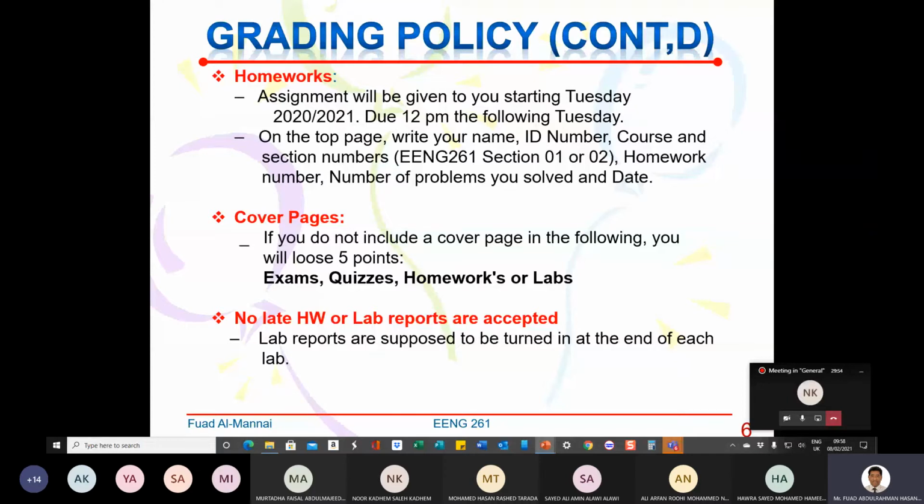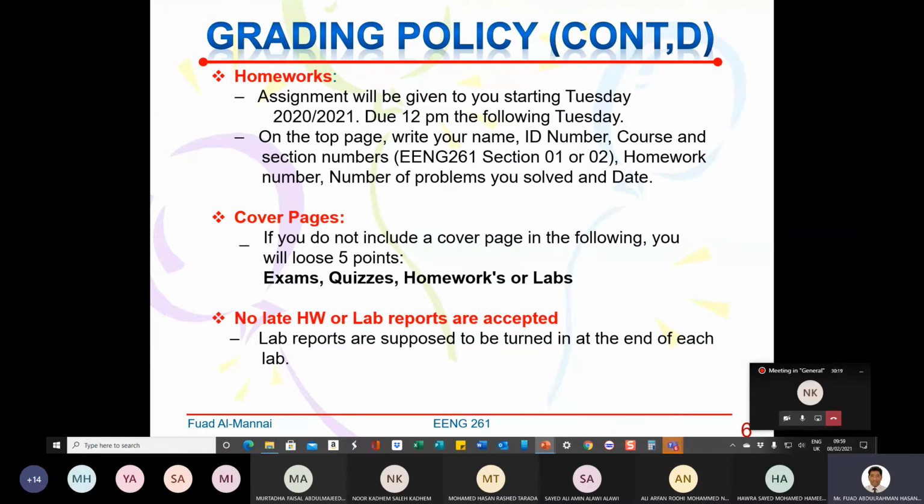Also, make sure that your internet is good. If your internet is bad, you're going to lose a lot, because you will not be able to submit. So don't tell me my internet is bad; that will not be accepted.